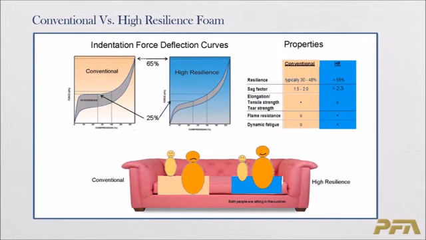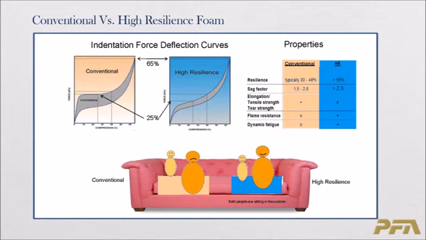Whereas if you look at a similar stress-strain, indentation force deflection curve for HR foam, it's a much more linear type and flatter in this range, changing linearly rather than having that flat slope. That means a person with a light weight as well as a heavy weight can both be sitting inside the foam rather than on top or bottoming out.